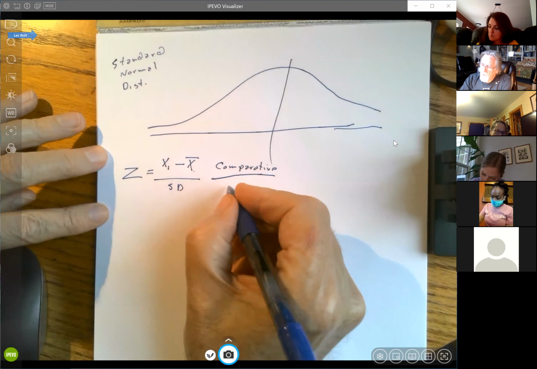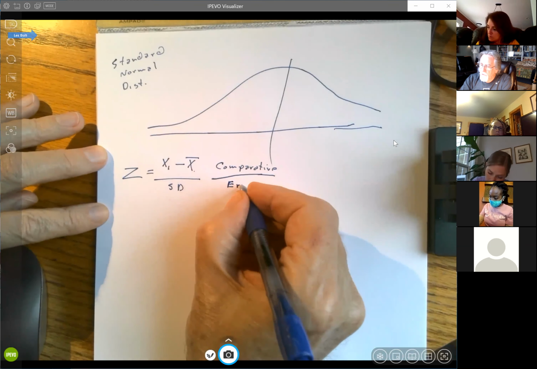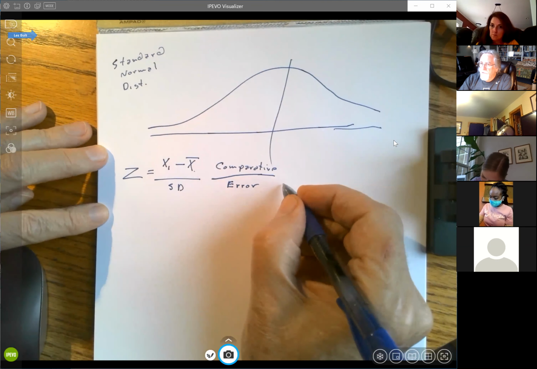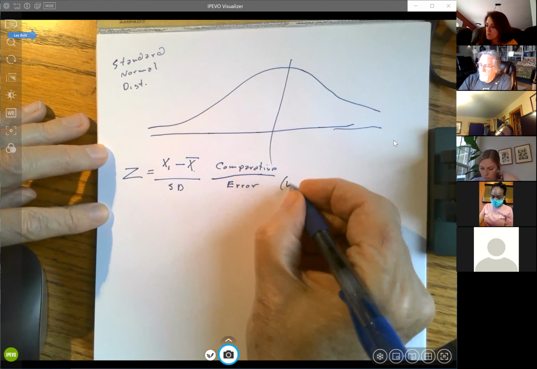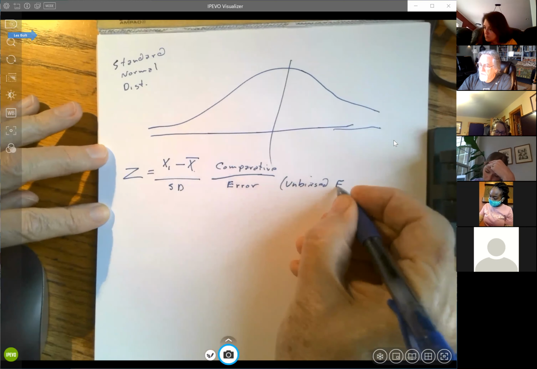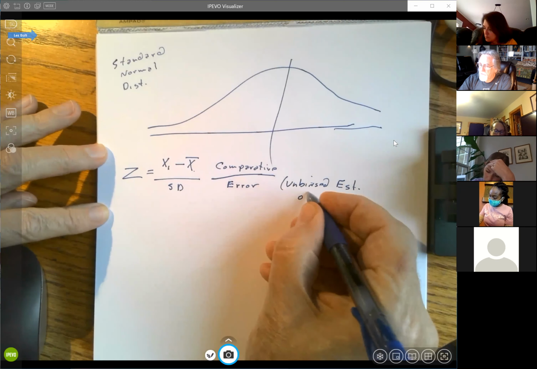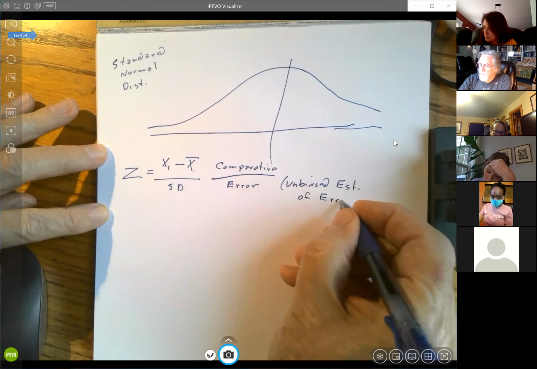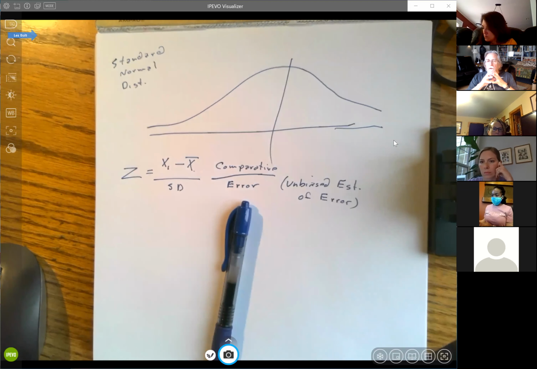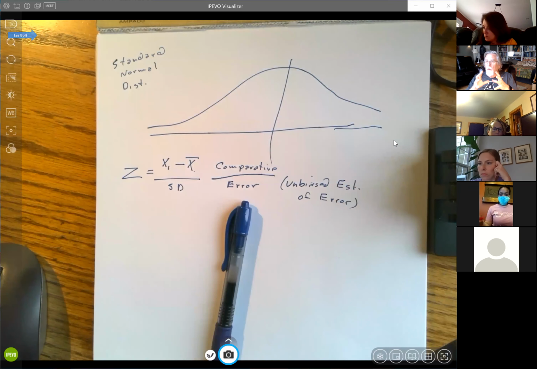And on the bottom is what we refer to as an error term, or what is sometimes called an unbiased estimate of error. And that unbiased estimate of error is really a way in which we figure out what random error would look like.